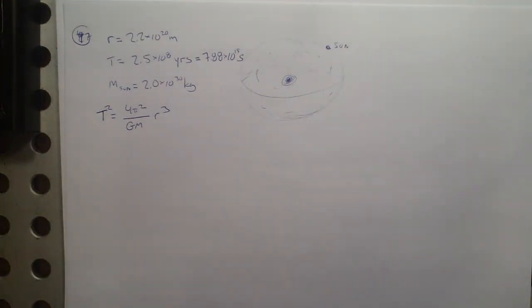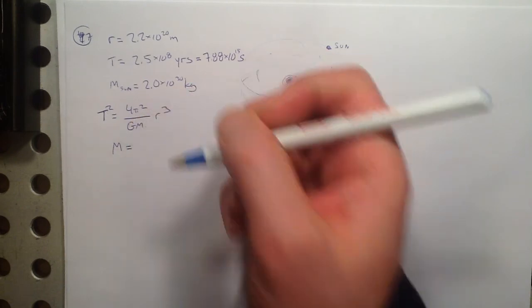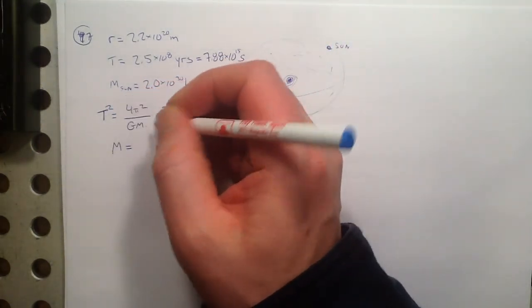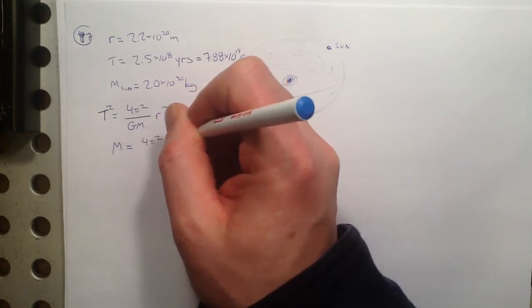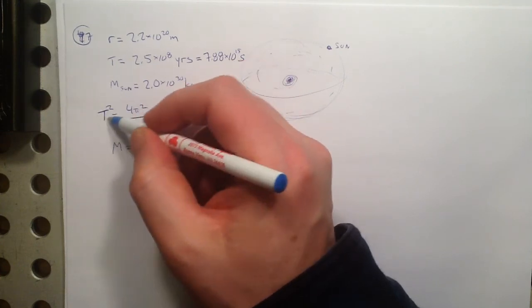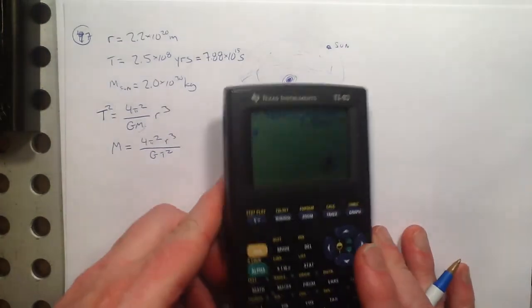Right? And I think we're good to go now. Again, just like the last problem, I'd like to solve for the mass of the Milky Way Galaxy under these assumptions. So that would be 4 pi squared times r cubed over G times T squared, just swapping the places by cross multiplication.